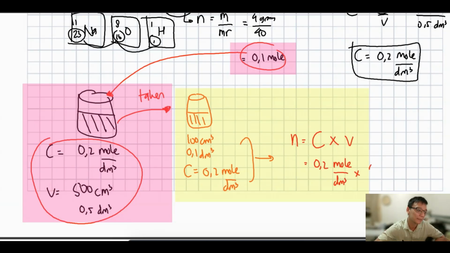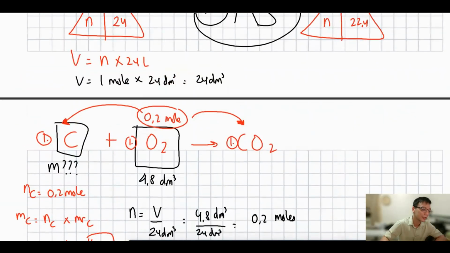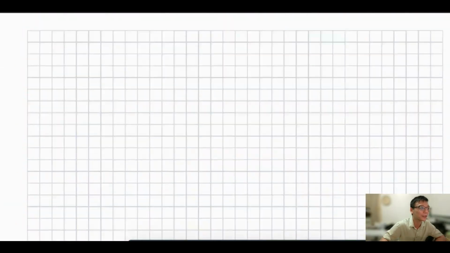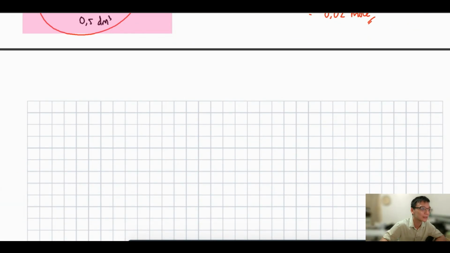Concentration remains the same, 0.2 mole over decimeter cube. Volume becomes 0.1 decimeter cube. Therefore, the mole would be 0.02 mole. It's kind of different. So if this is used for another reaction, you have to know that the mole is different in this case. Okay? So this sums up the four triangles.